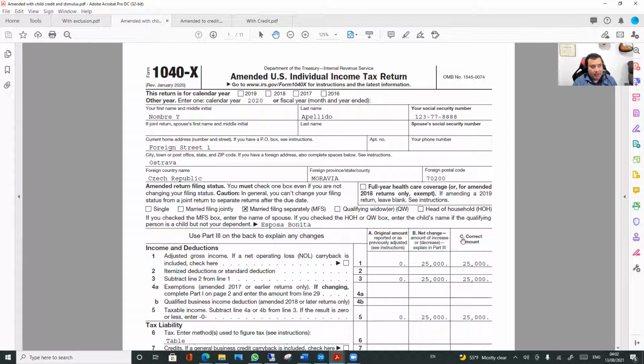Maybe you're an employee and you also have your own business and forgot to include that income. Maybe you did not include the income of your foreign rental, or maybe you didn't report information forms like 8621, 5471, 8865. You can fix that with a 1040X, and you can avoid penalties.